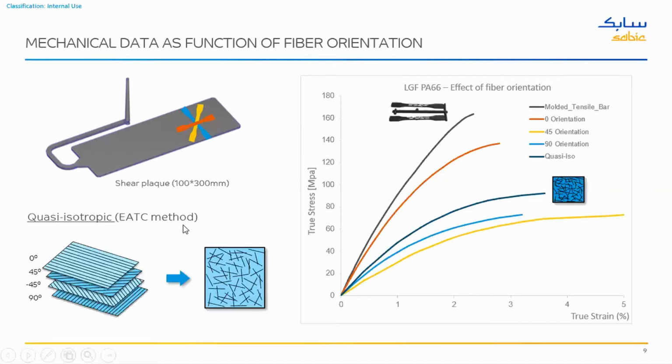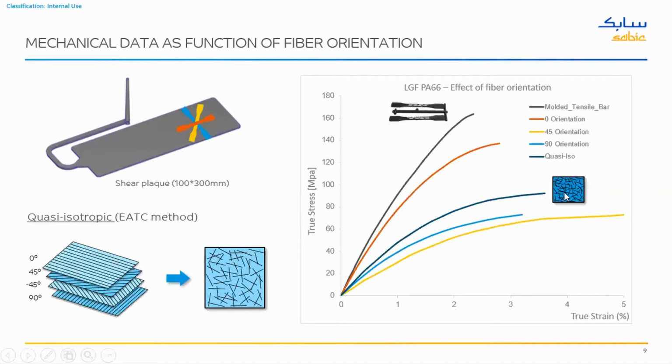In SABIC, we always try to use the EATC method, the European Alliance for Thermoplastic Composites method, which essentially applies lamination theory to come up with the material property, a more quasi-isotropic property illustrating more random fibers within the part. That's the graph you see here, falling somewhere between your 0, 90 and 45 lines.